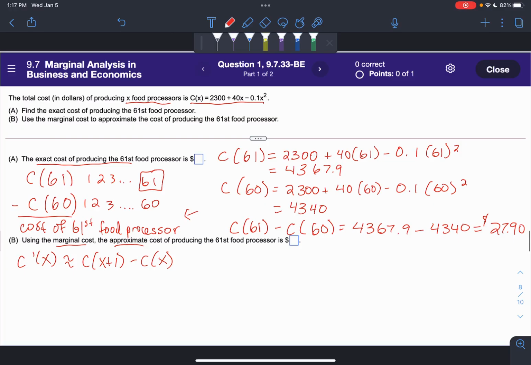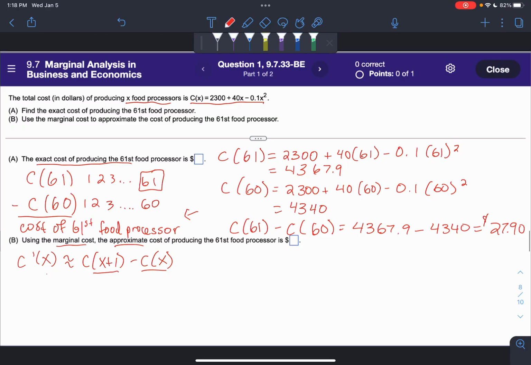So C prime approximates the next food processor minus the current food processor. And that's kind of what we found in this step. So by doing so, we can find the marginal cost to approximate what we just found here for part A. So let's go ahead and do that.